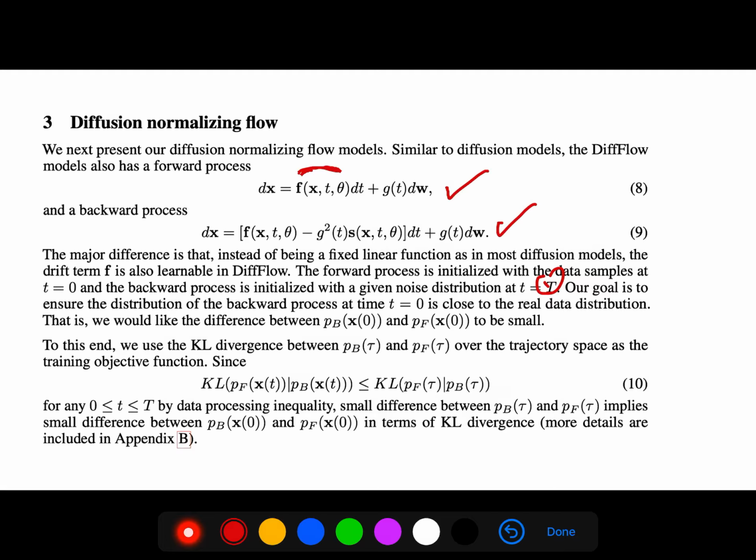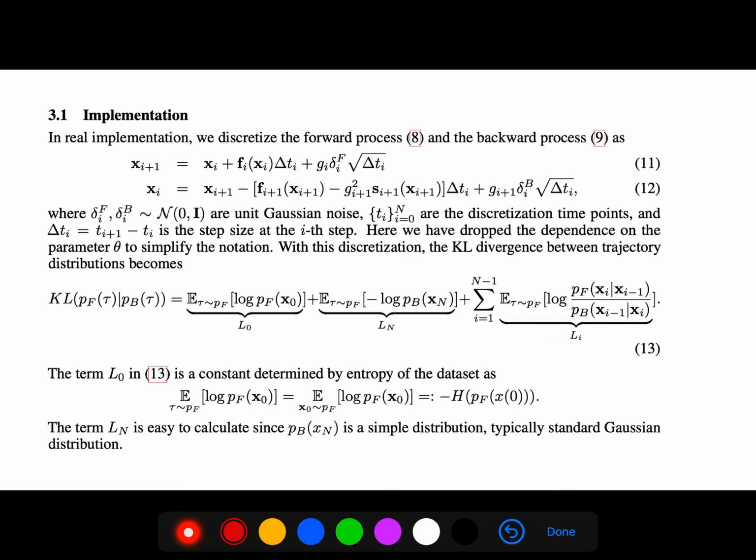To this end, we use the KL divergence between the backward and forward probability over the trajectory space as a training objective function. But in implementation, first we discretize the forward, and because we work on computers, here we have dropped the dependence on the parameter theta to simplify the notation.